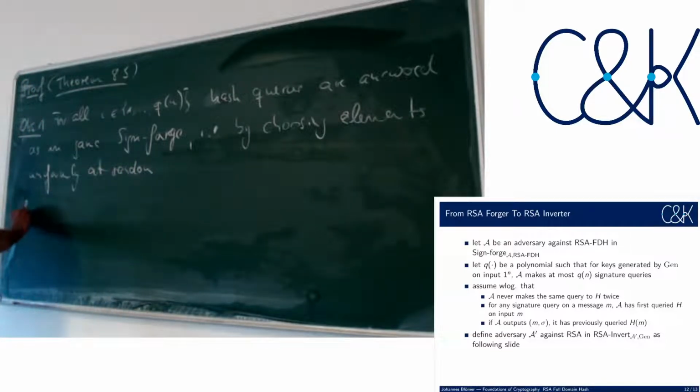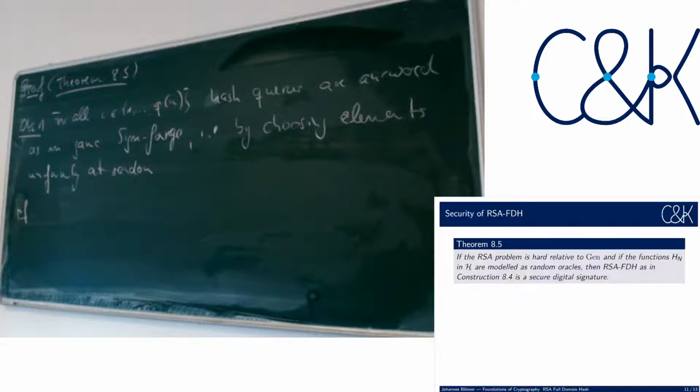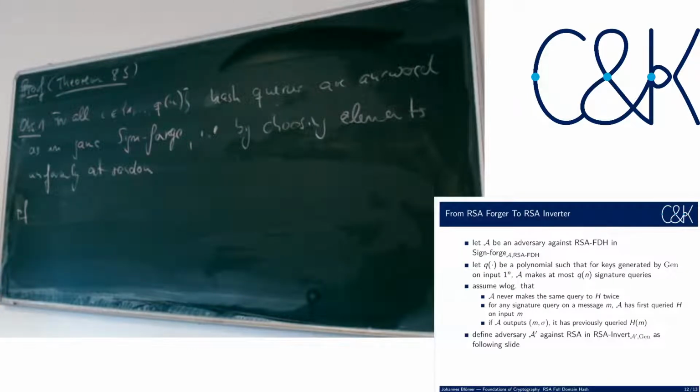The proof, again, recall that we assume that A never queries the random oracle on the same message twice. So they are all different.